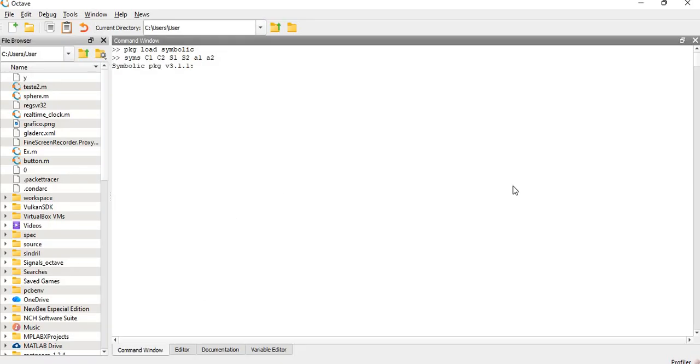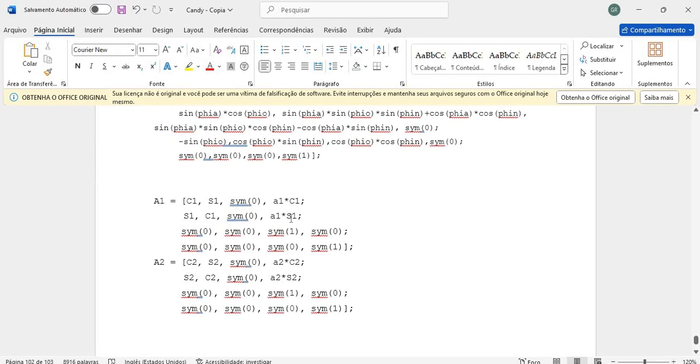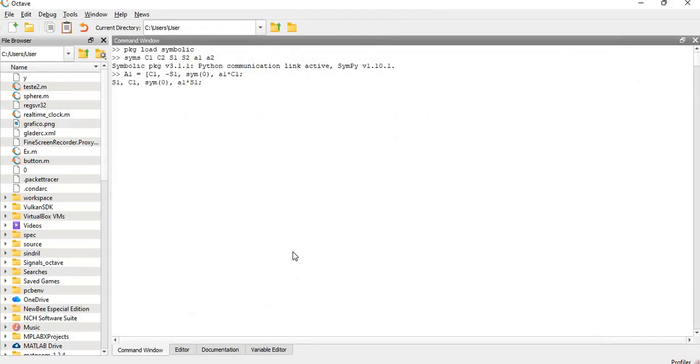Okay, now let's work on the matrices. So A1, I have already prepared these matrices right here. Don't forget to add the sign. So let's copy first A1 and paste.